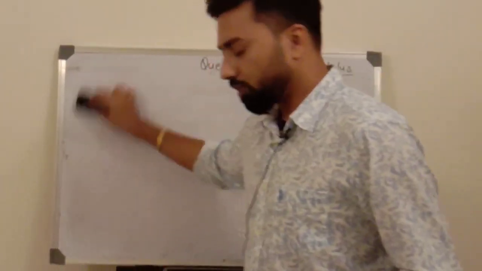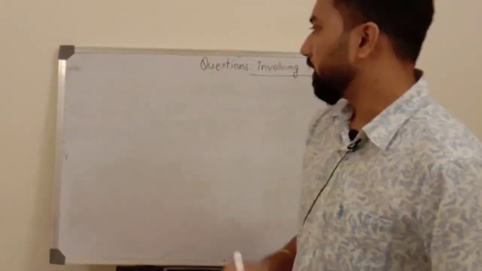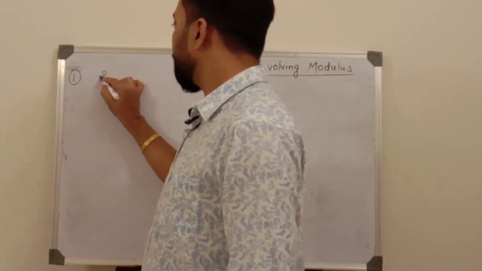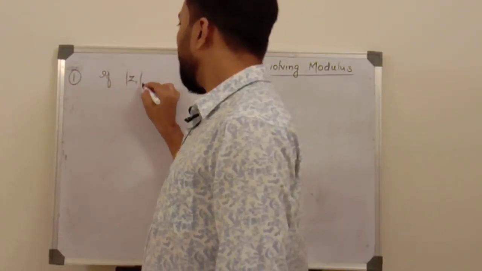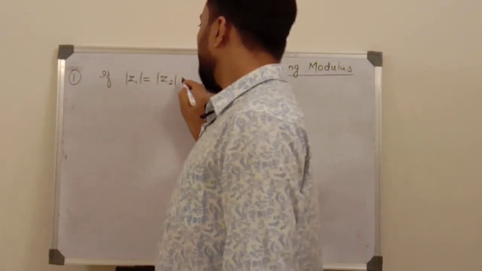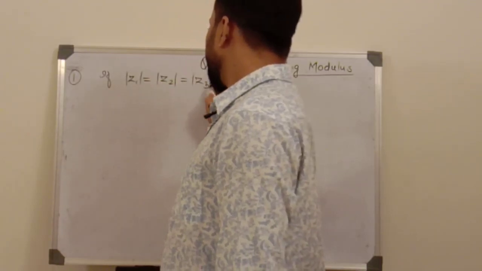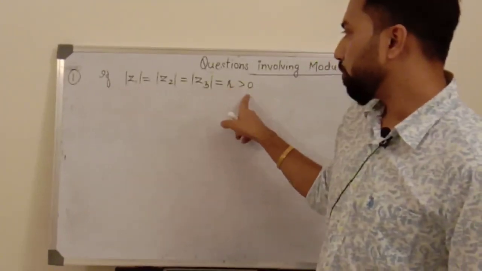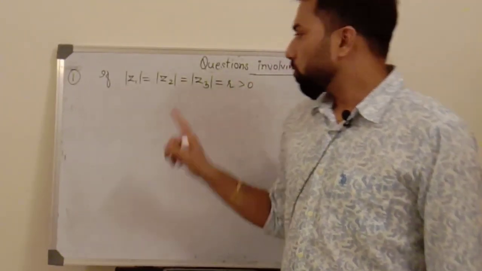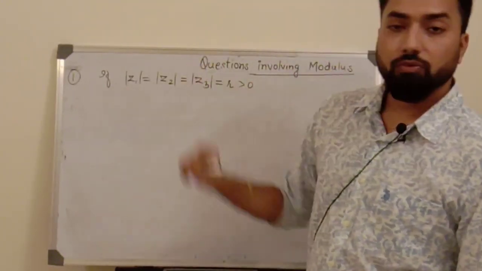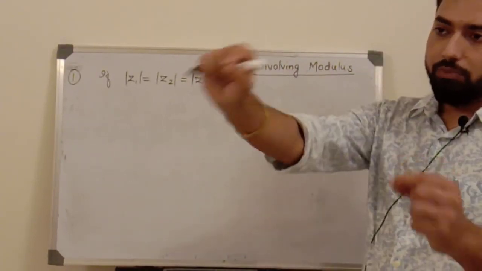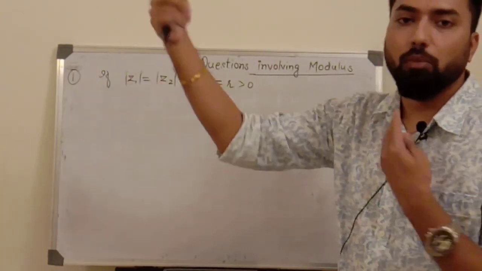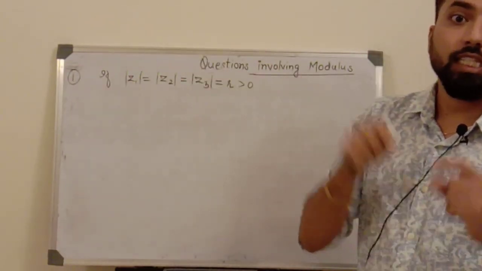So the first question is, if mod of z1 is equal to mod of z2 is equal to mod of z3 is equal to r, obviously r has to be positive because this is a distance. The physical significance of modulus of a complex number is that it represents the distance of the corresponding point of the complex number from the origin.